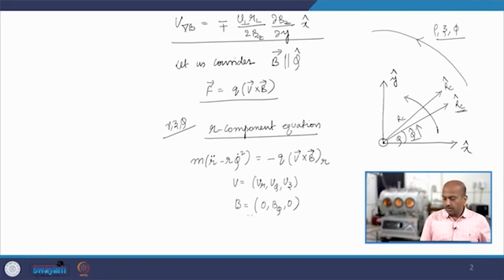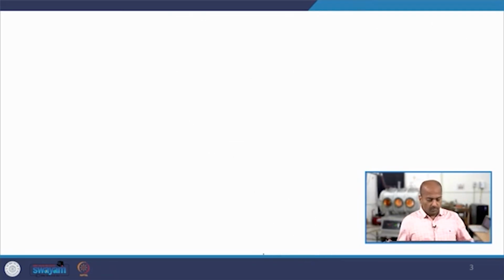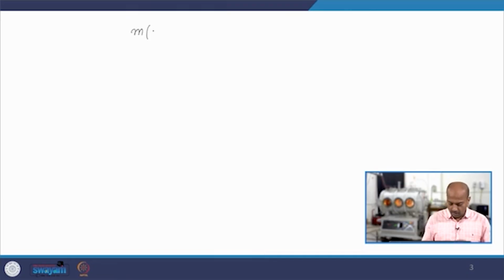So, V cross B can be evaluated as the determinant of i, j, k; Vr, V phi, Vz; 0, B phi, 0. So, if you expand the cross product, we can write the radial component.